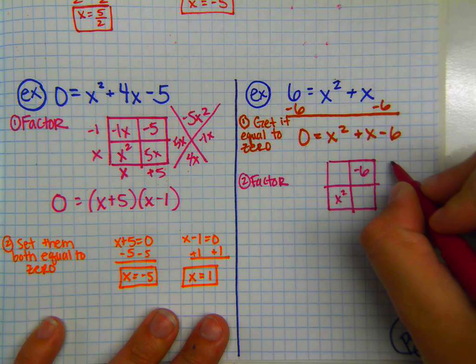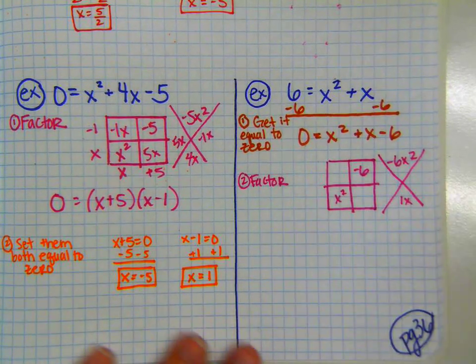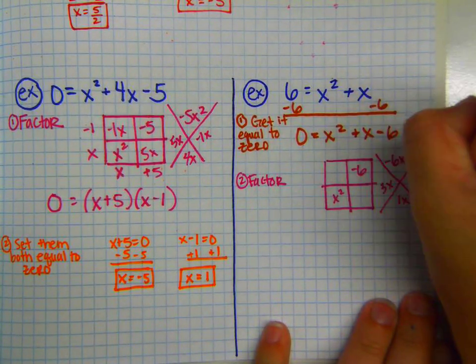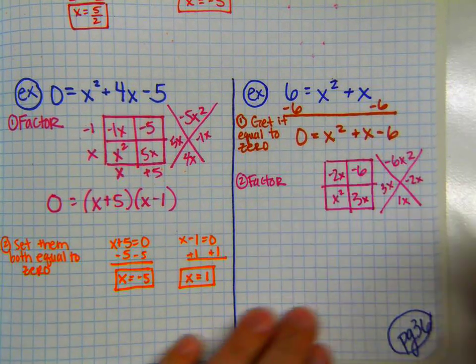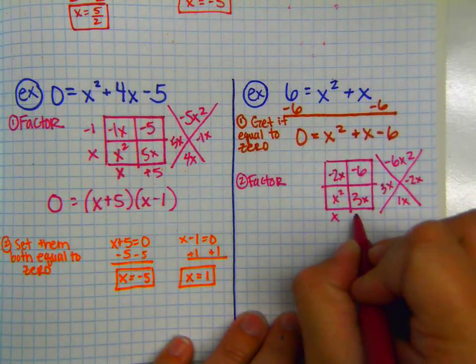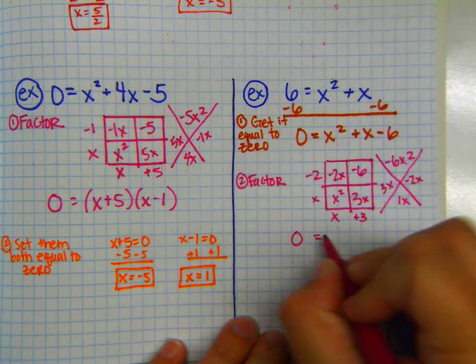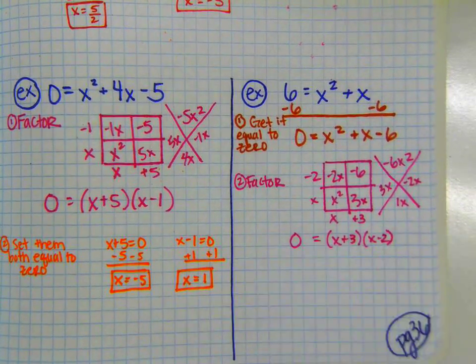That'll be negative 6x squared, adding to 1x. Multiplying to negative 6, adding to 1, that'll be a 3x and a negative 2x. We have x plus 3, x minus 2. So that'll be 0 equals x plus 3, x minus 2.